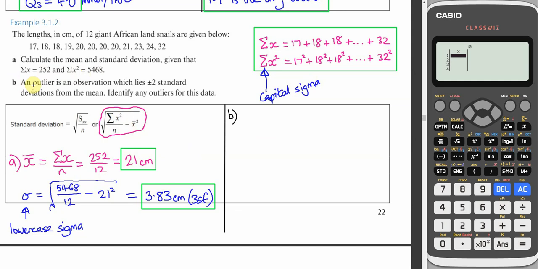Okay, in part B, we are told that an outlier is an observation which lies plus or minus 2 standard deviations away from the mean.